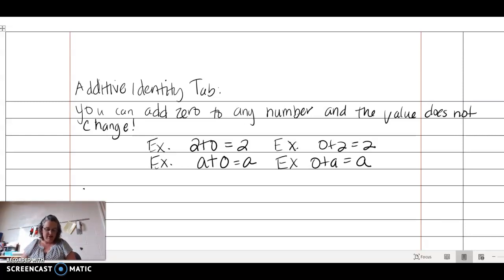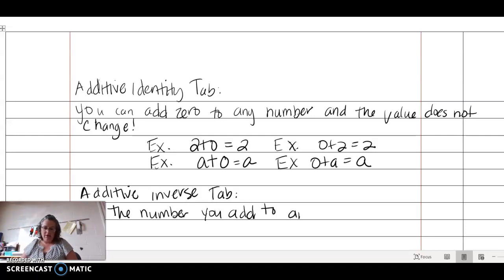This next tab is the additive inverse. So in that one, we're going to write the number you add to another to get 0.